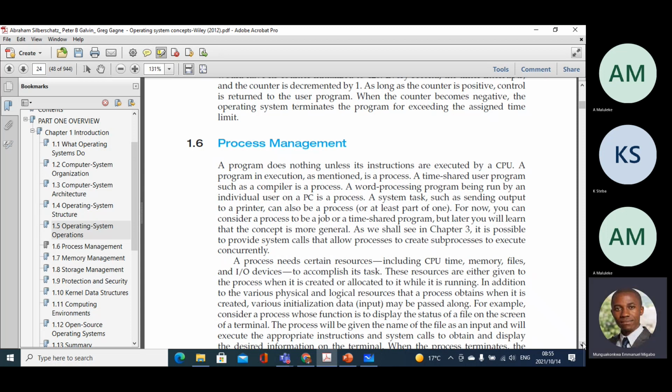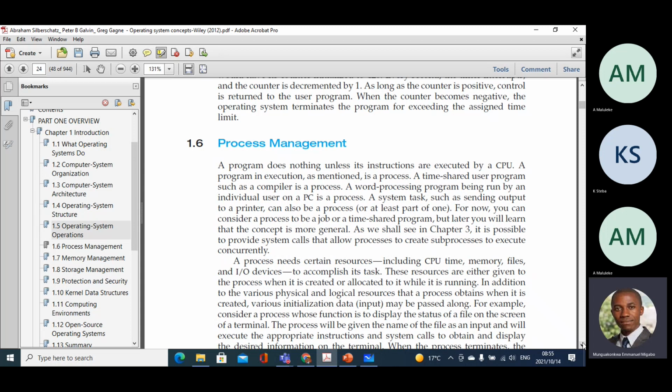By the way, and we'll learn a bit more about that when we study processes in chapter 3, a process is basically a temporary concept in the sense that it gets birthed, it runs, then it dies. It dies when it's done executing the tasks that were allocated to it.